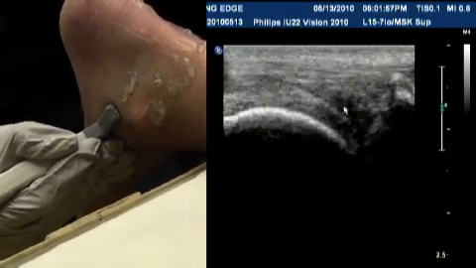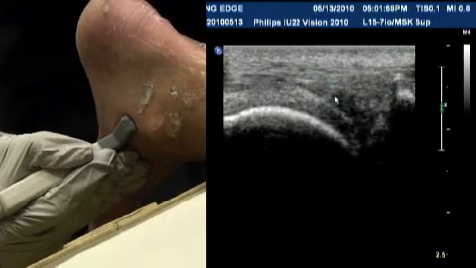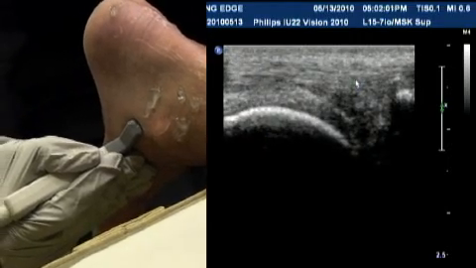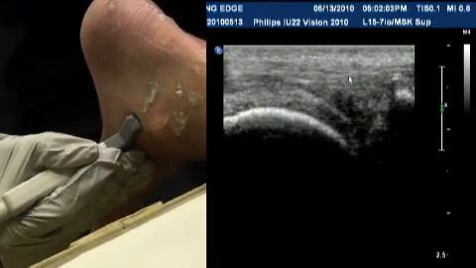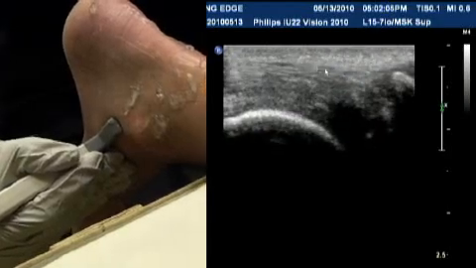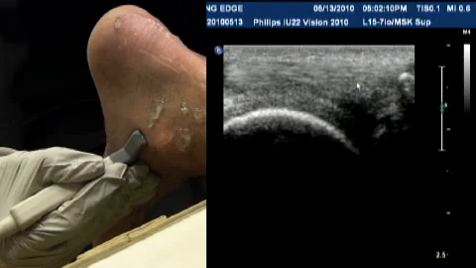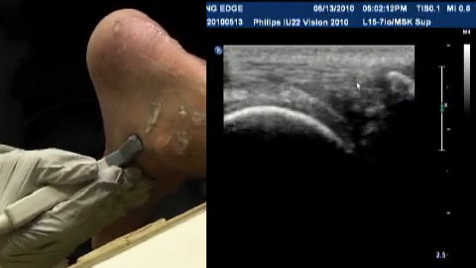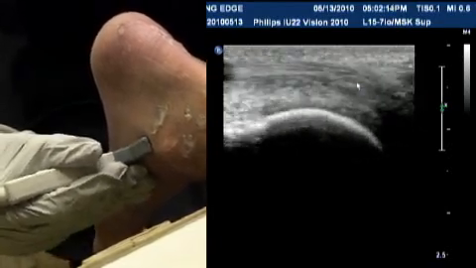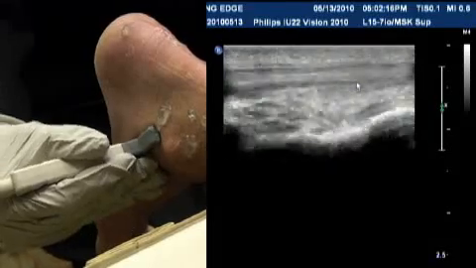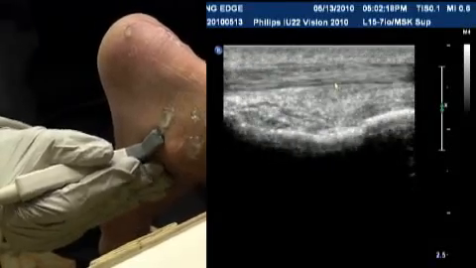These fibers, because they're spread out from the insertion point, it's normal for them to appear spread out. So you're getting the fibers going from top up here and bottom going down, so you lose that 90 degrees that you normally see within a tendon. Sometimes it's normal to see a little bit of fluid there. He doesn't have any, but sometimes you'll see a little bit of fluid, which is just normal.